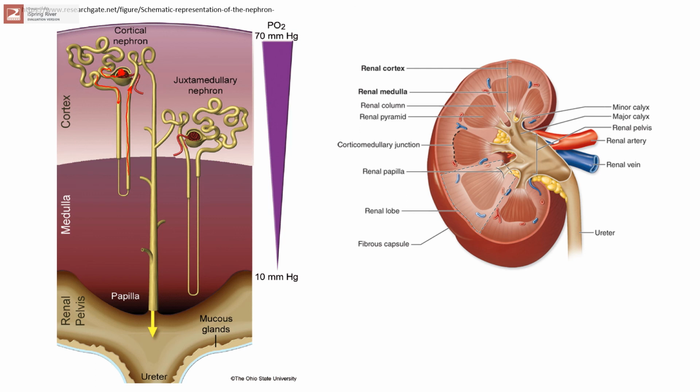From the ascending loop, the filtrate enters the collecting duct. Until the collecting duct, the stuff is called a filtrate. But when the filtrate leaves the collecting duct, it can be called urine.